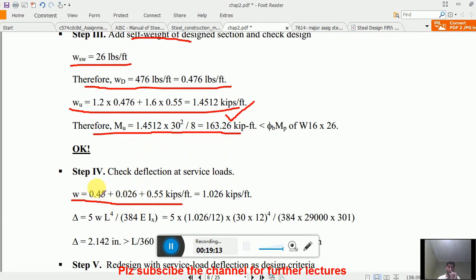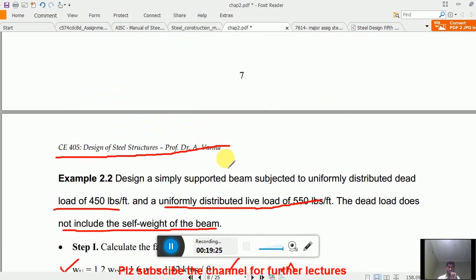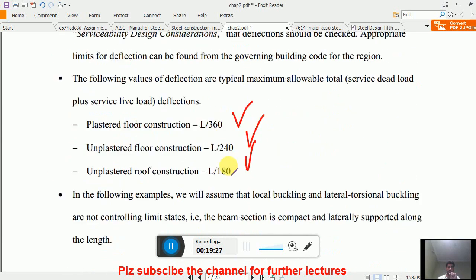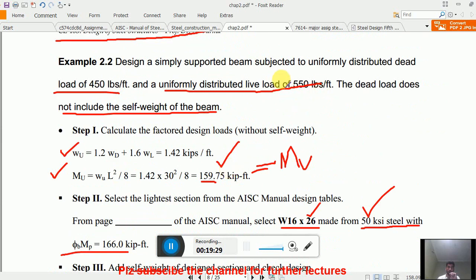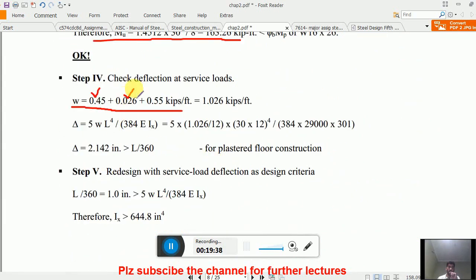This one is, I think, the UDL, 0.026, 0.55. I think these are dead loads. The first one is the slab distributed dead load, the third one is the live load, and the middle one is also dead load, that is the self weight of the beam. This is the total service load.